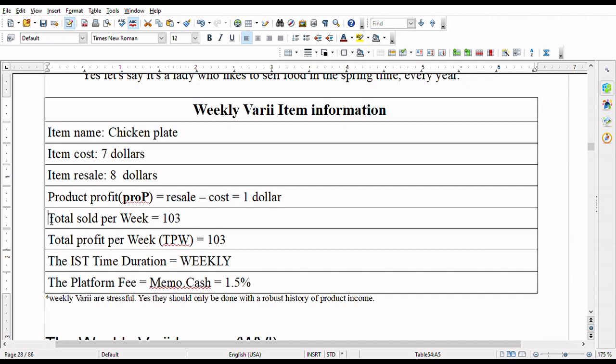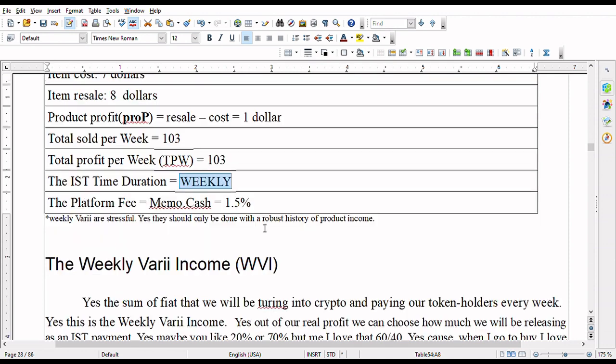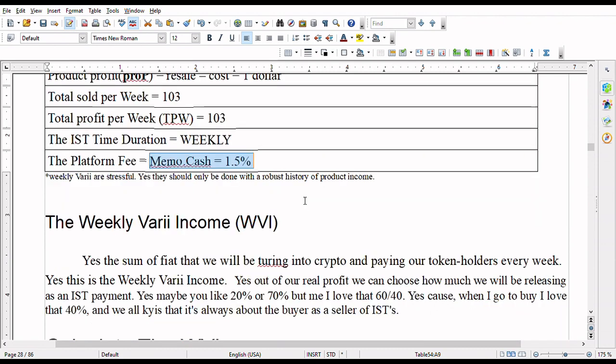And then we have, on average, the total sold per week, and the total profit of those sold per week, which is the TPW. And of course, in the time duration, we have a weekly classification. And of course, we bring our attention to the memo.cash fee.